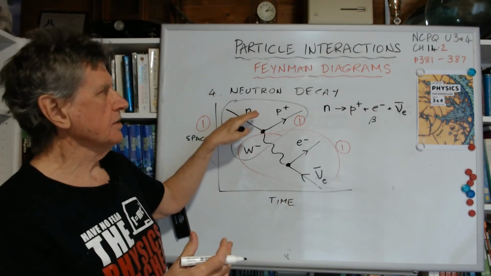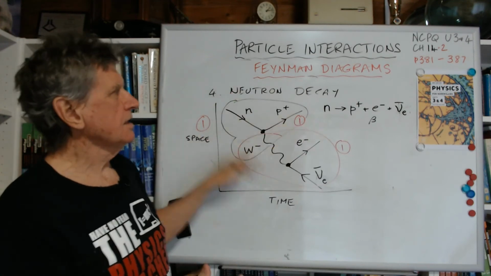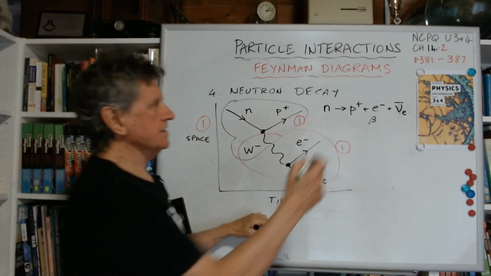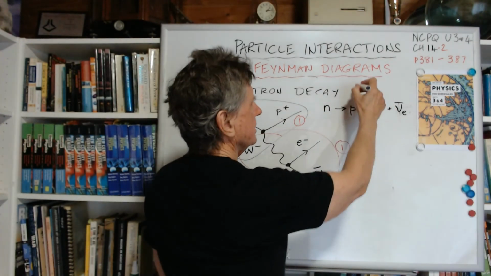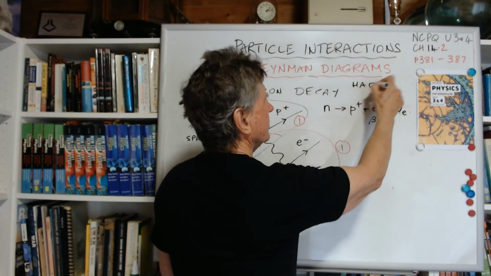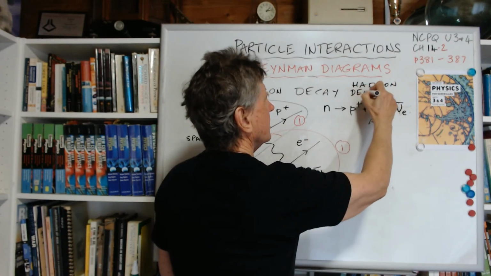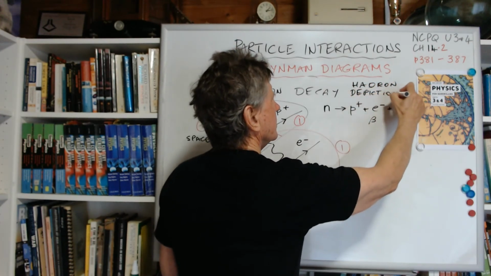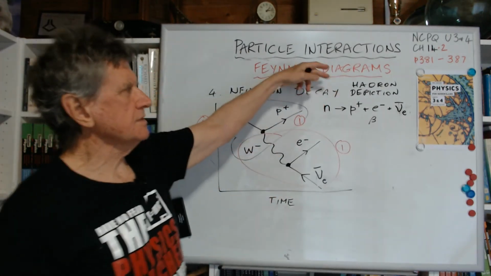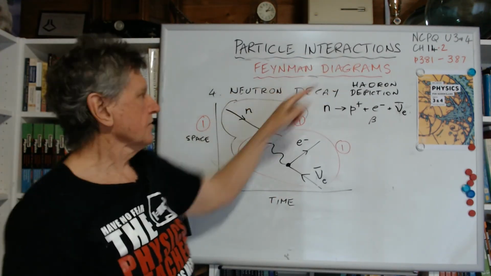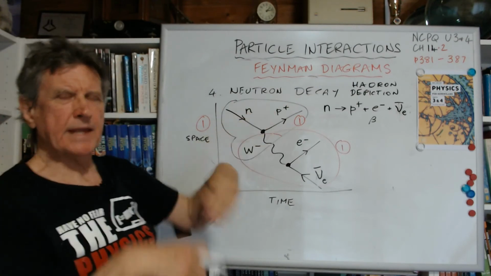It's usually called the hadron depiction. Okay, because you're depicting the Feynman diagram of the particles at a hadron level, which is the neutrons and protons. You're not breaking them up into quarks. And you can see diagram 5 is the neutron decay using the quark depiction.